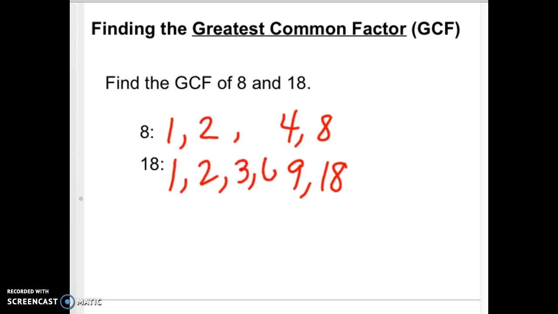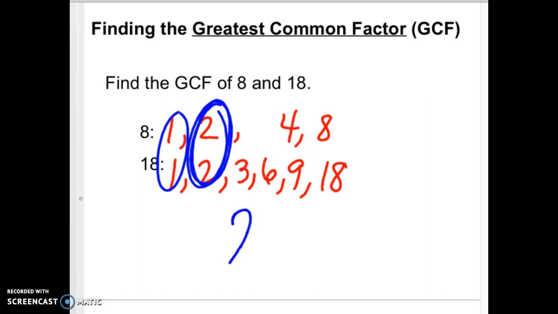And 3 and 6. Once you have them all listed, you're going to look for the largest one that they have in common. They have 1s in common, they have 2s in common, and 18 doesn't have 4 or 8. So the largest factor that they have in common is 2. So the GCF is 2.